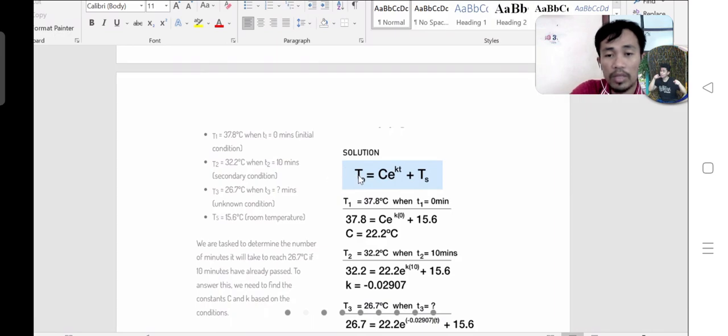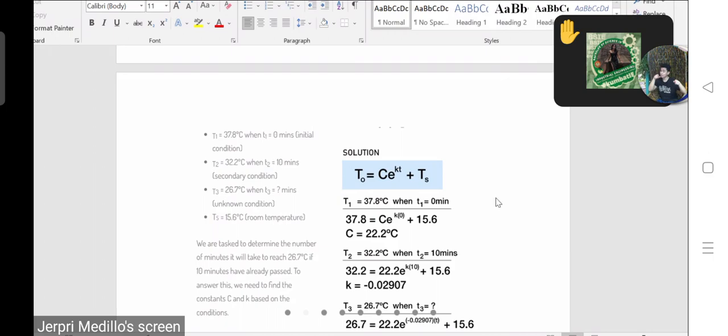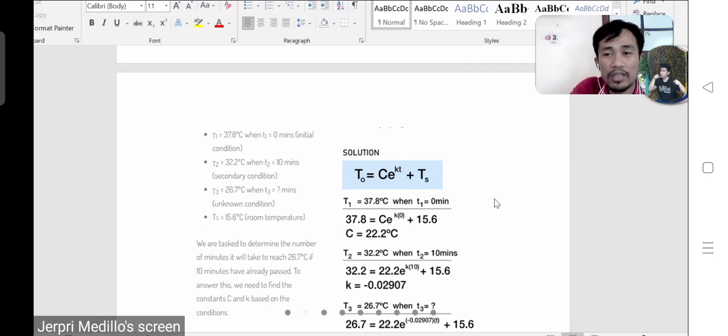And T0 is the given time that started with 0. So we get first the C, the constant. Question: the Ts is the temperature of the environment, right? Surrounding. Surrounding. Thank you, sir.